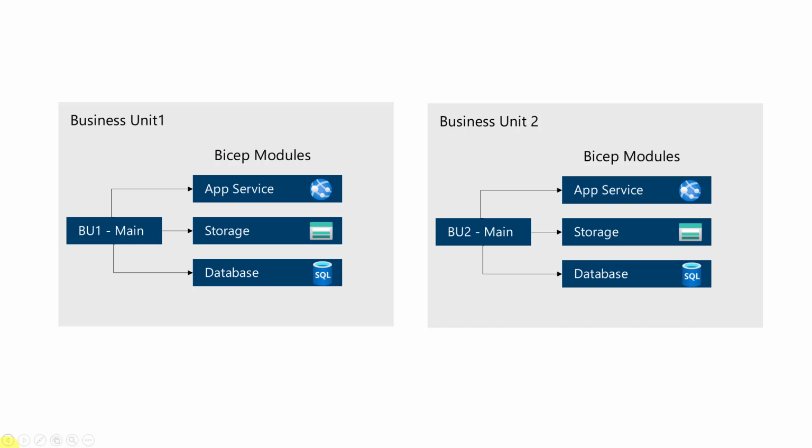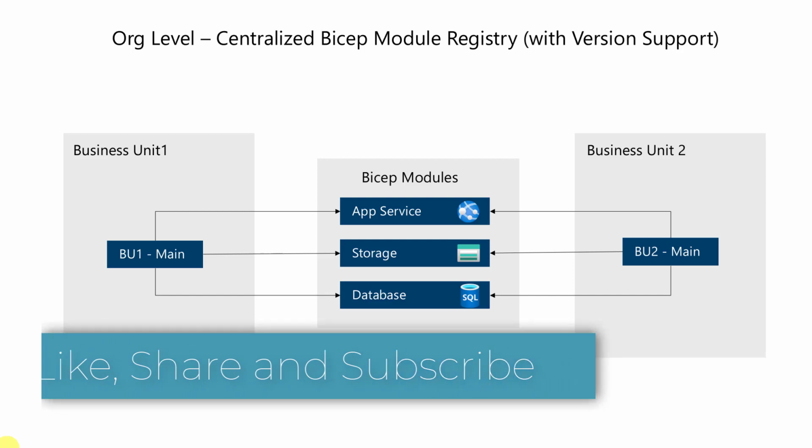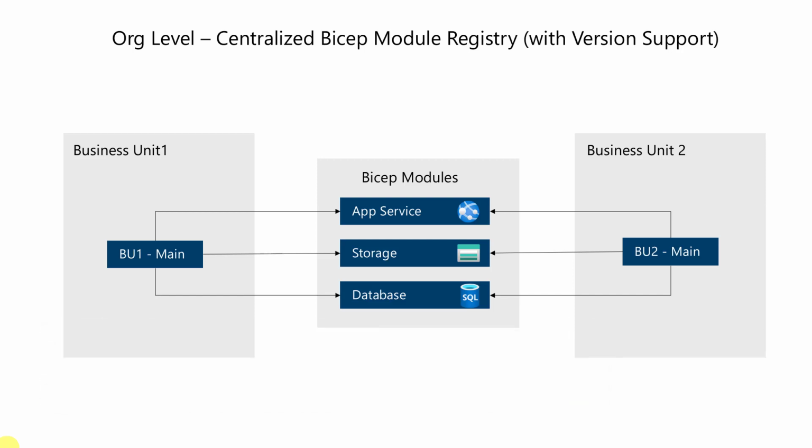Now, the ideal approach is that instead of having two different copies of Bicep modules, we should just have one copy of all common Bicep modules that supports all business units. In this slide, you see two business units. However, there could be many other business units within the organization.